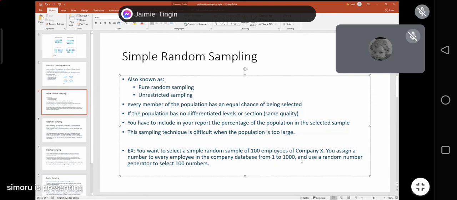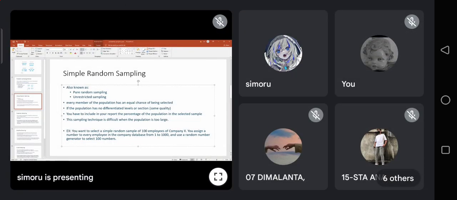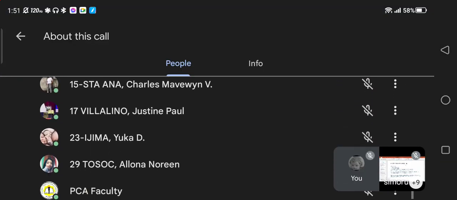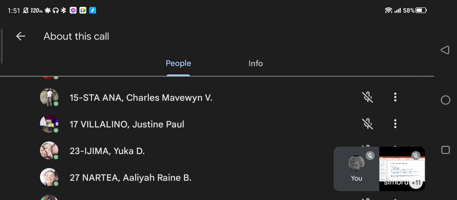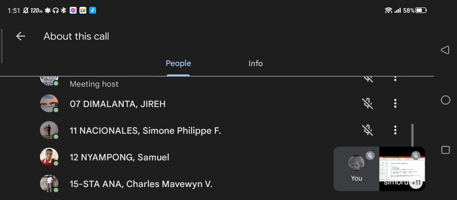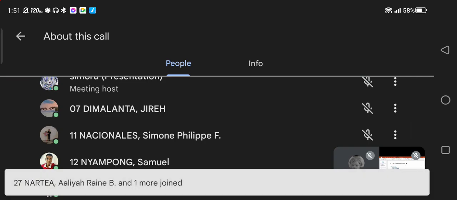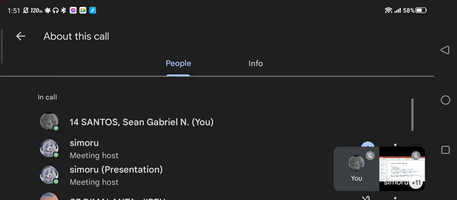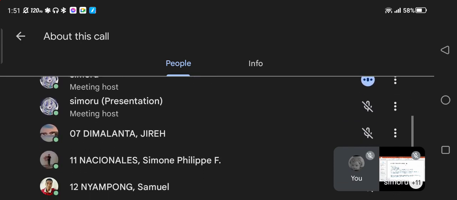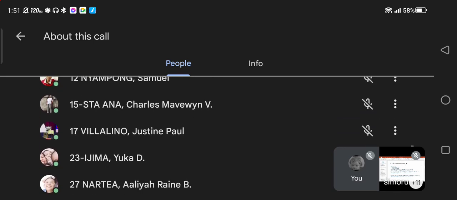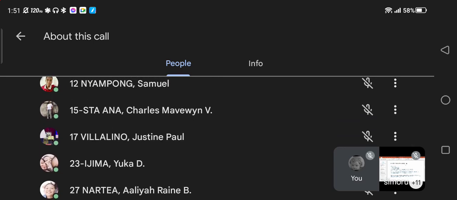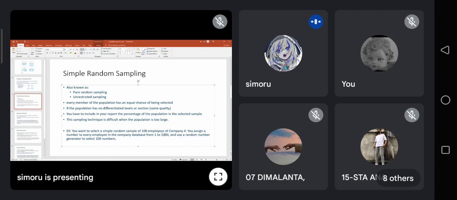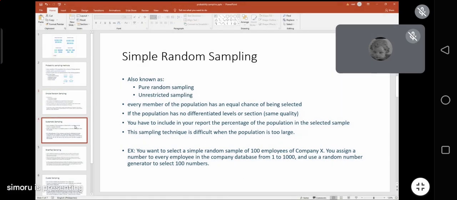So 1000 is our population and you want to get 100 employees for our sample. You use a random generator to select 100 numbers. As I said earlier, you can either use a tool to get those 100 members from your 1000 population, or you can use some kind of percentage or technique to get those sampling members.